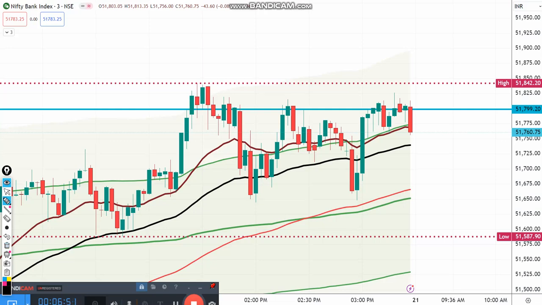So I see this pair of candles here. This pair of candles is a, let me see what it is. Is it a bearish engulfing candle?